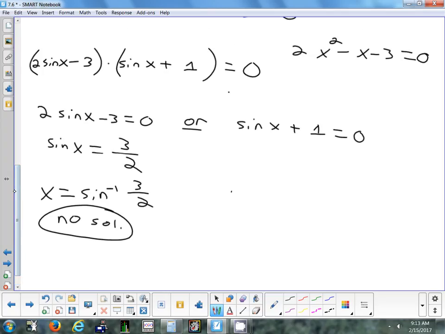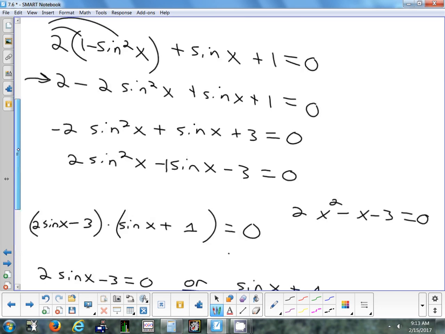Okay. So now, how would we get sine x by itself here? Subtract 1. And now, to get x by itself, you would take the inverse sine. Now, is sine going to hit -1 at some point?